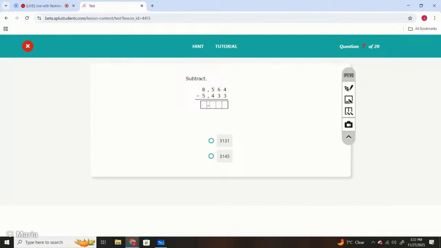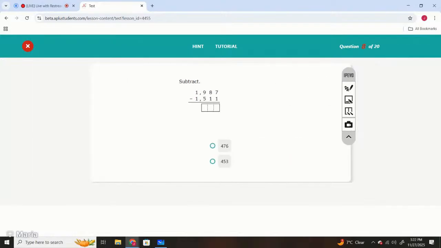So which is the correct option? Option number 1 is the correct option. Very good. That is 3131. So which is the correct option?